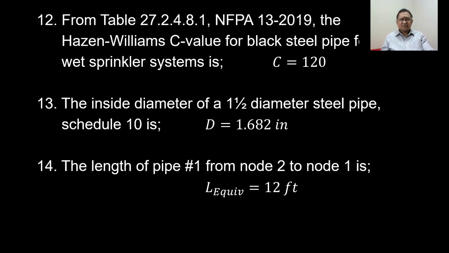From table 27.2.4.8.1 in NFPA 13, the Hazen-Williams C value for black steel pipe for wet sprinkler systems is C equals 120. The inside diameter of a 1.5 inch steel pipe, schedule 10, is 1.682. The length of pipe number 1 from node 2 to node 1 is 12 feet.